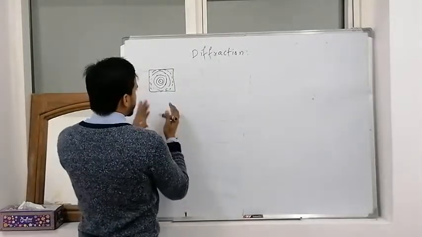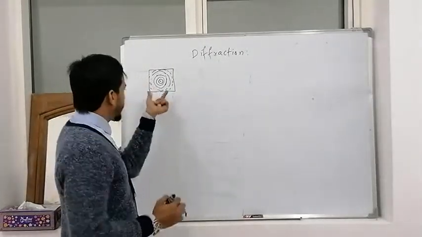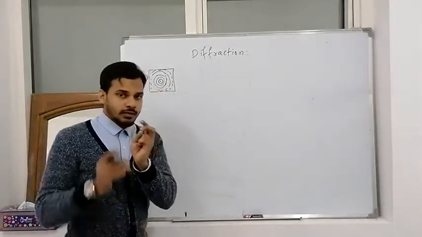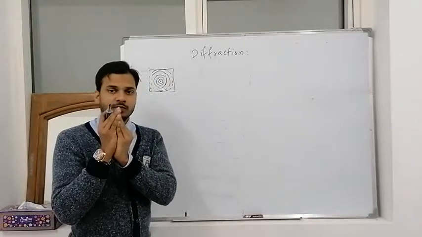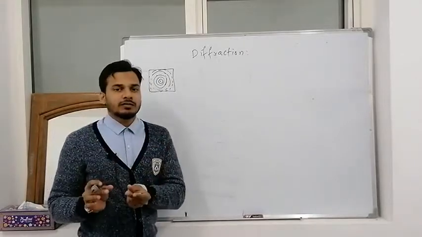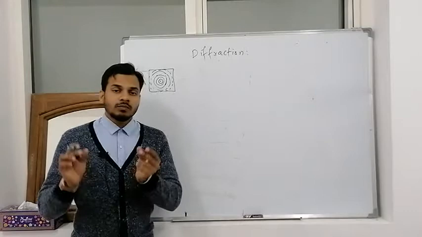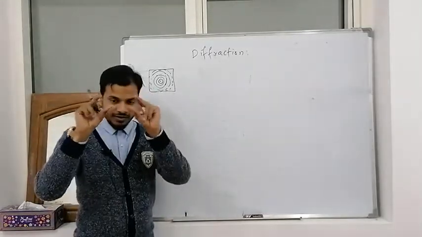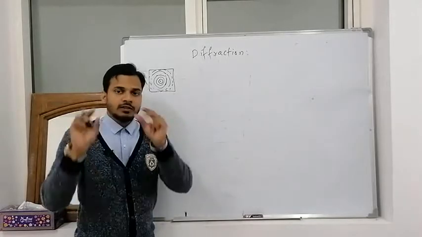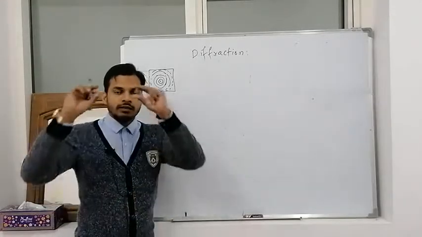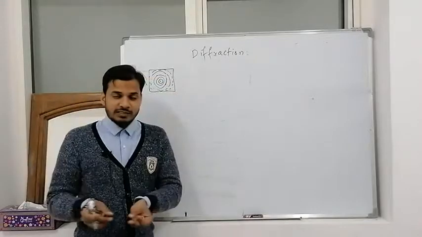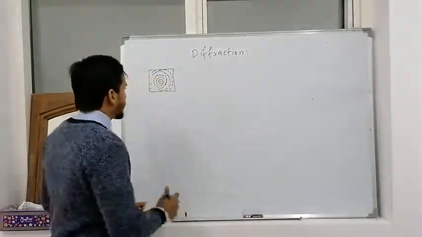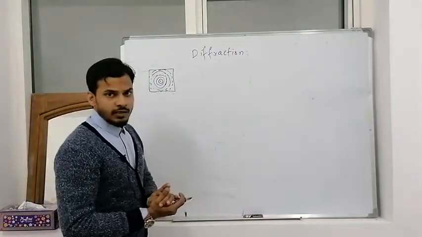Now I will tell you what I told you: in the center there will be a point of maximum intensity, where brightness is maximum. After that there will be a dark ring. After that again a ring of brightness. Again a ring of darkness. Again a ring of small brightness. Again a ring of small darkness, like that. Okay. This is light diffraction.